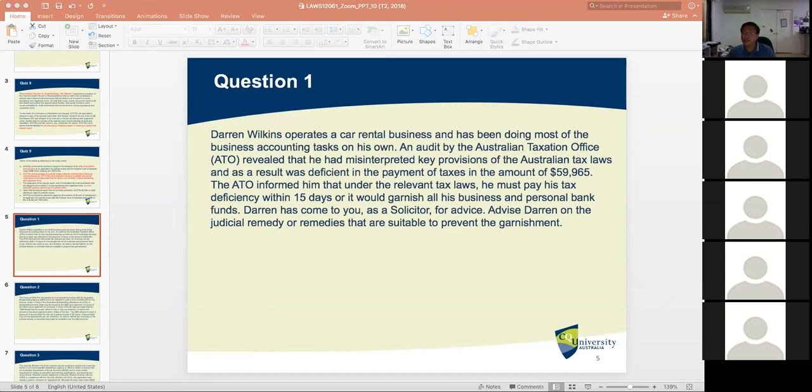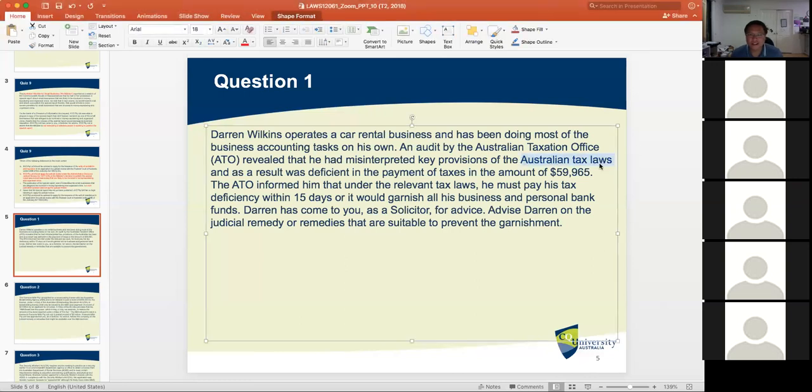Karina makes the observation that he is exercising his powers under the relevant tax law, so under an enactment. Oh, very good. He had misinterpreted key provisions of the Australian tax laws. Very good. Well done. I didn't notice that, Karina. So it's under an enactment. What is the significance of that?